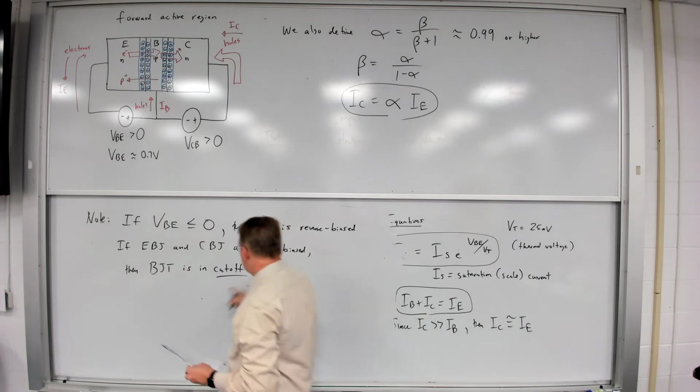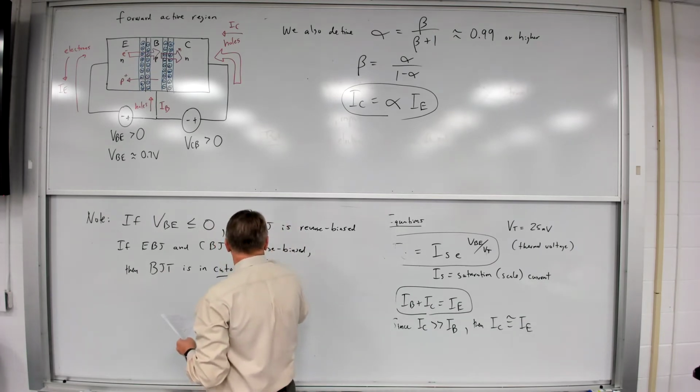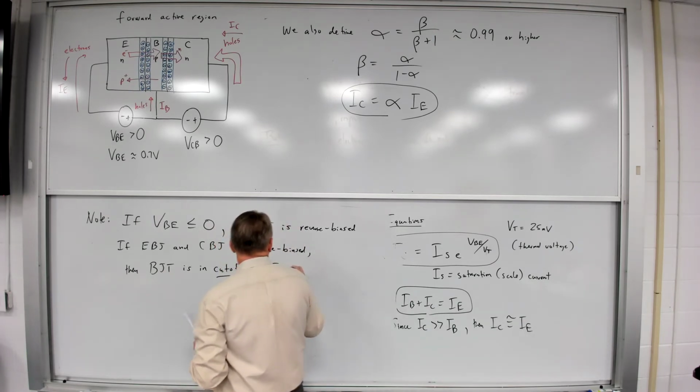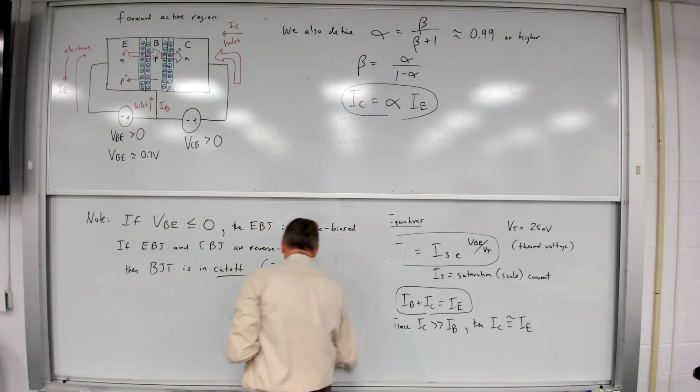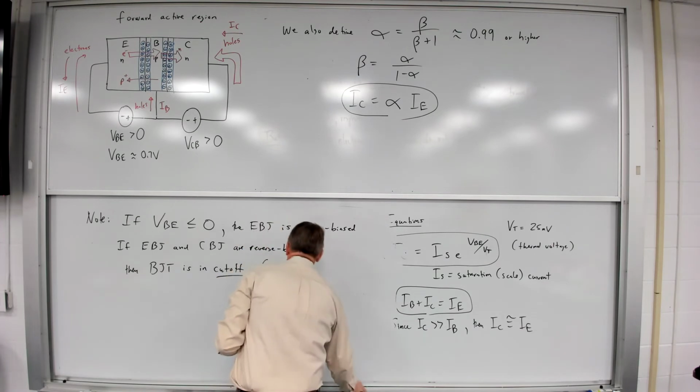And in this case, both IE and IC are approximately equal to 0.